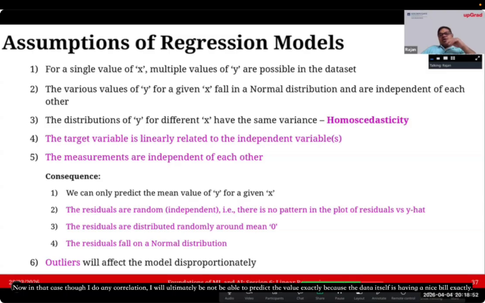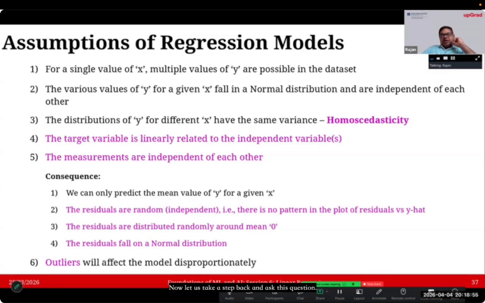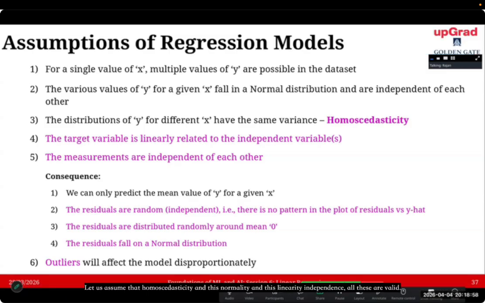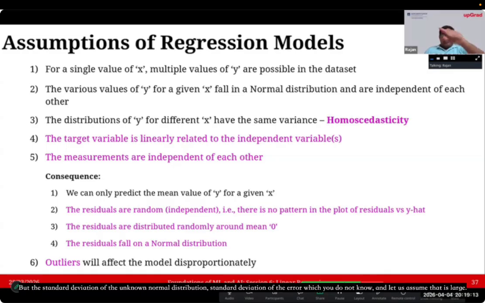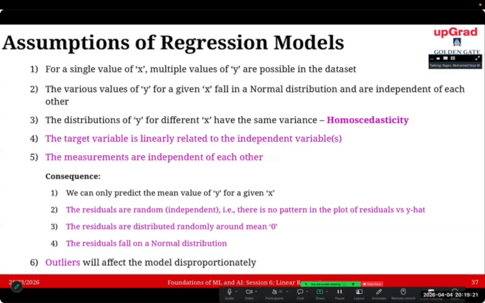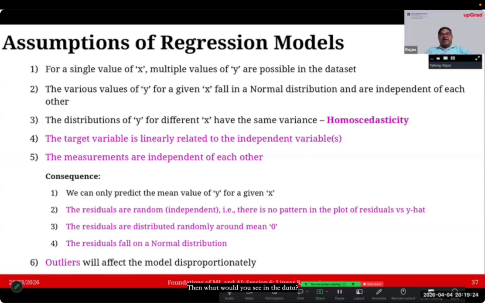Exactly. Now let's take a step back and ask this question. Let us assume that homoscedasticity, normality, linearity, independence, all these are valid. This leads to the standard deviation of the error, which you do not know, and let's assume that it's large. Then what would you see in the data?